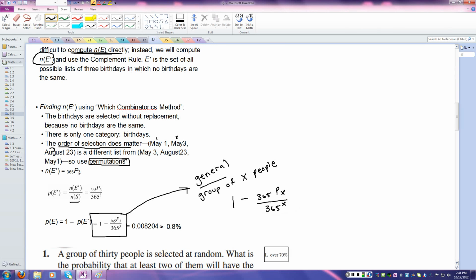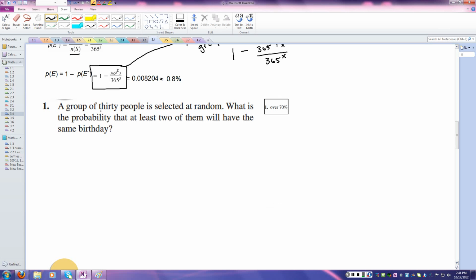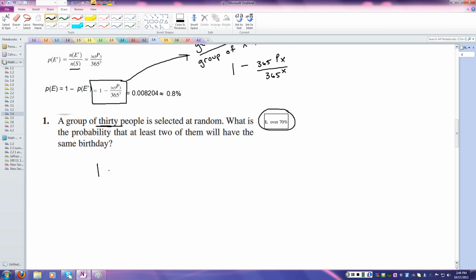Now let's look at doing that with 30. This is number 1 in your book, and you can see the answer is over 70%. So I'm going to have 1 minus 365 permutation 30 over 365 to the 30th power.